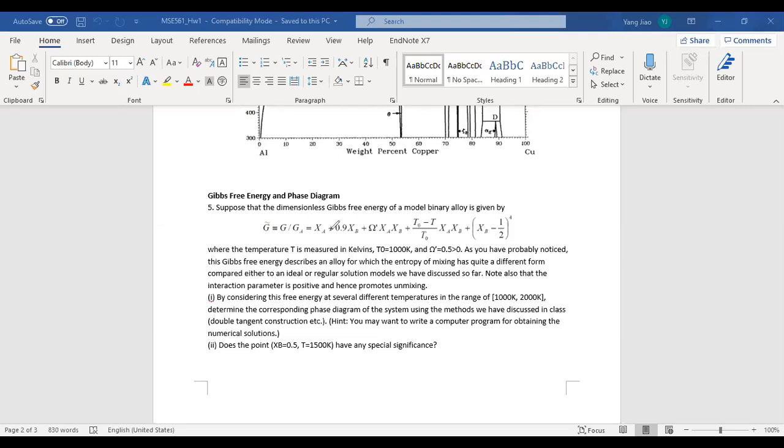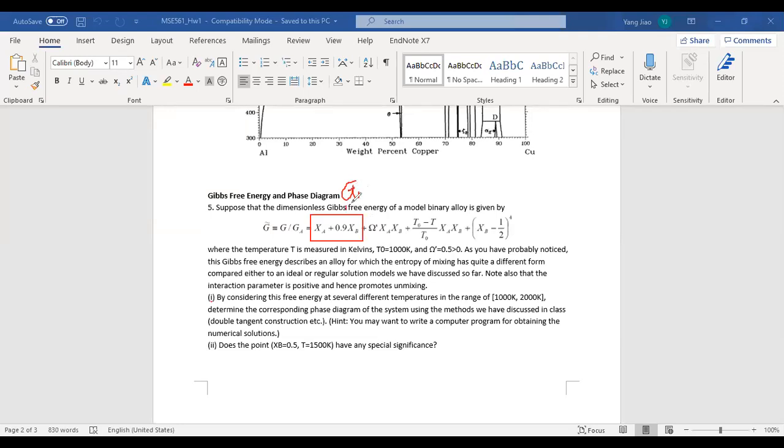If you still want to try to identify different contributions, I can point out some of the traits. If you look at this, first, it's given in normalized form. We have a free energy, but we're not interested in the actual absolute energy scale, so we normalize everything with respect to the free energy of pure A. This is the contribution that we typically call G1, the initial.